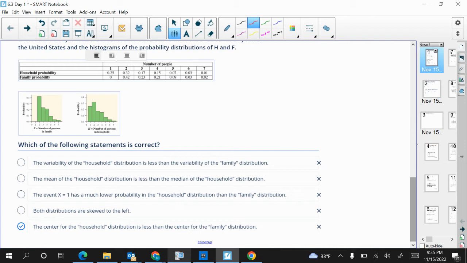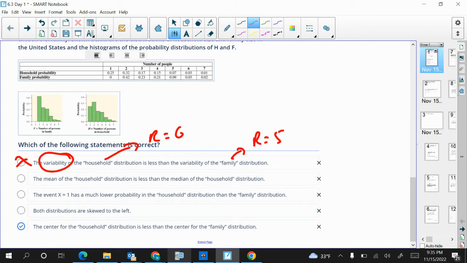Since it doesn't tell us what variability measure to use, the easiest one to look at is range. This doesn't have anybody in one, so it goes from 2 to 7, or a range of 5, versus the other one has a range of 6. So family range is 5 while household range is 6, so that one's obviously not true.